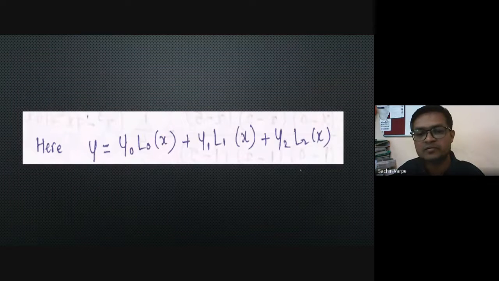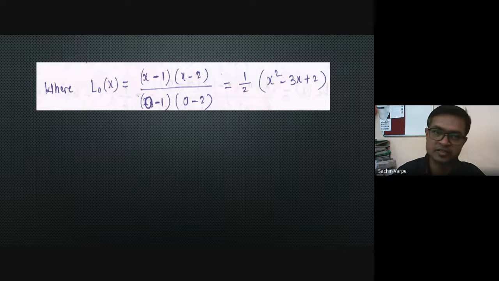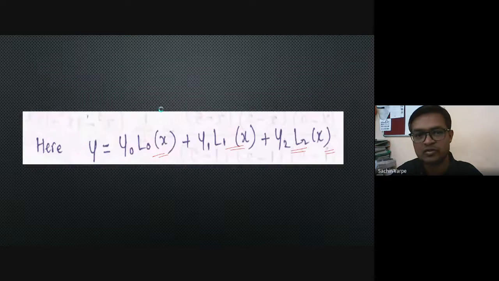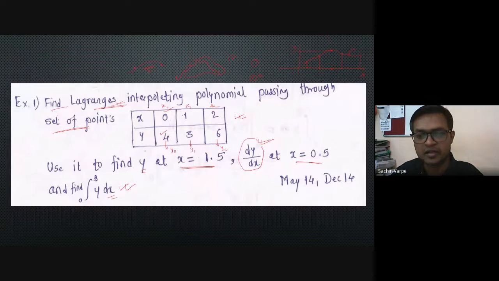So here for this particular example, this is the Lagrange interpolating polynomial: y0 L0, y1 L1 and y2 L2, where L0 is this, x minus x0. X0 will not be there. X minus x1, x minus x2. You can see here x1 is 1 and x2 is 2. You can check here, right?